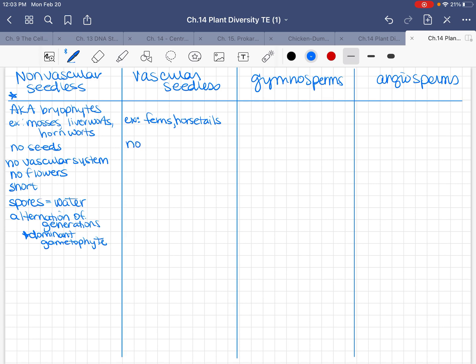They also had no seeds, but they do have a vascular system. And that was our xylem and phloem for water transport. They still had no flowers, and they were still pretty short comparatively. They also had spores, but their spores could be spread by wind, and they also have an alternation of generations.